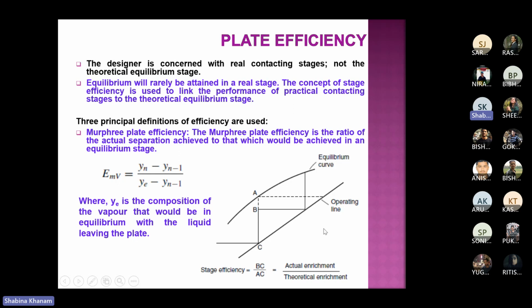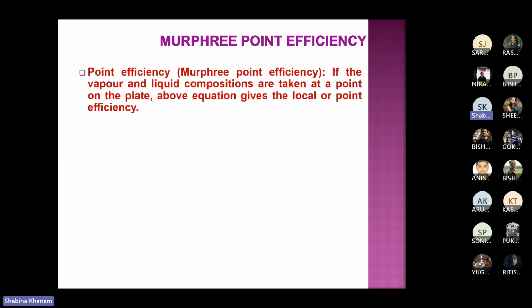Another efficiency we have is Murphree point efficiency. Point efficiency, you understand, is over the plate at a particular point, whatever concentrations we consider there.